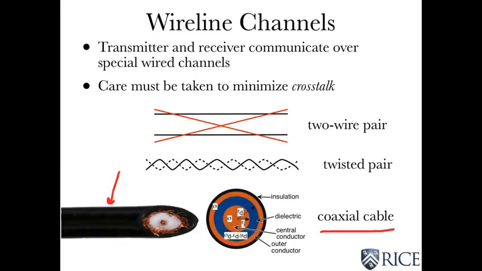And here I show a cross-section of what it looks like, and here's a real live cross-section of my piece of coaxial cable. So the black part here is insulation to keep other wires from touching it. And inside you see this copper. That bright orange just gives away copper.